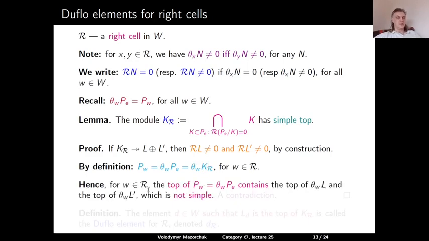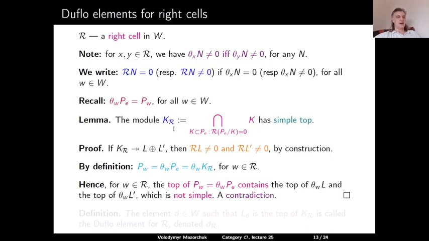Hence, for w in R, the top of the indecomposable projective module P_w, which is simple, must contain the top of the non-zero module theta_w L, because K_R surjects onto L and theta_w doesn't kill L. But it must also contain the top of the non-zero module theta_w L prime. Again, K_R surjects onto L prime, and theta_w doesn't kill it. And so this top cannot be simple. This is a contradiction which proves the assertion of the lemma.